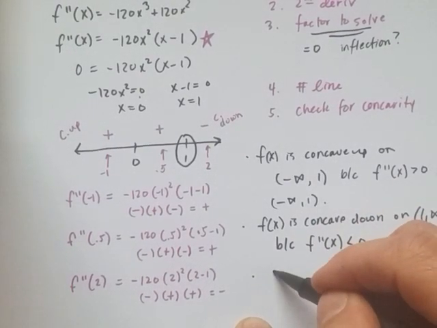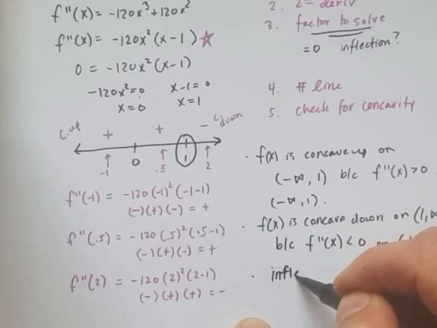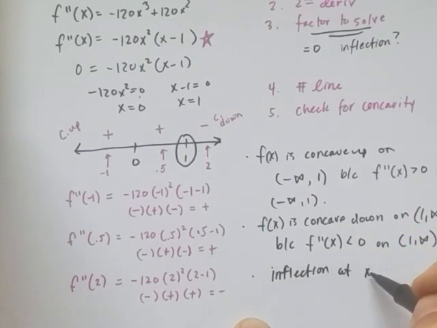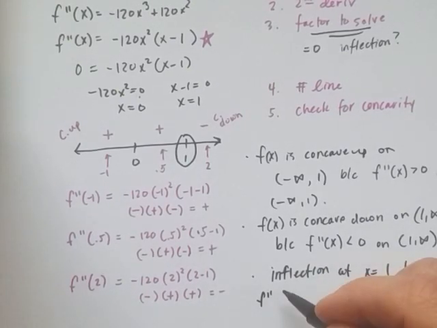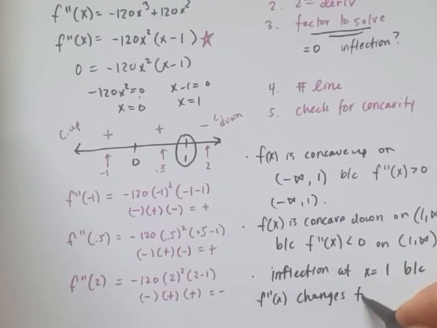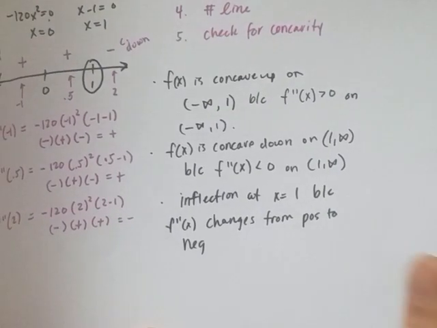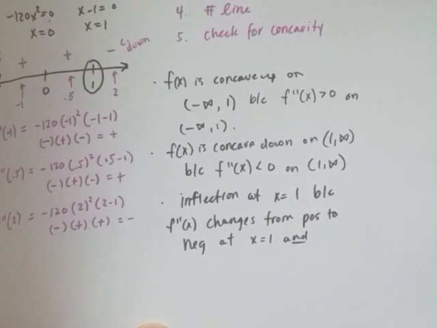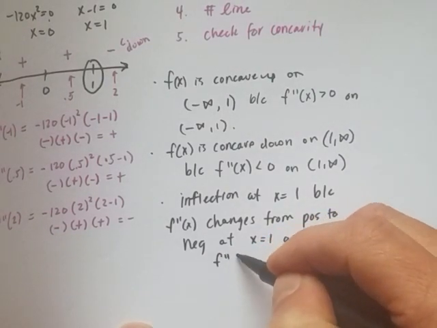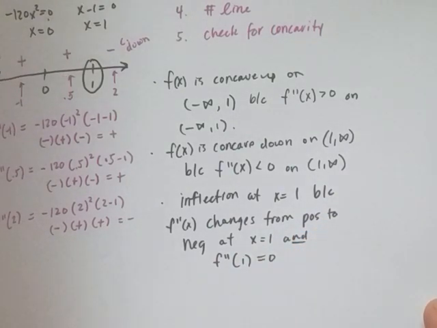So I'm going to say inflection at x equals 1 because we'll say f double prime of x changes from positive to negative at x equals 1, and f double prime of 1 equals 0. So it satisfies both of those requirements for it to be an inflection point.